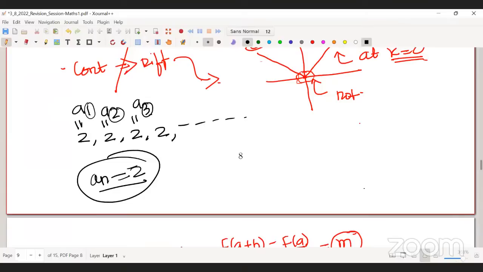In quiz 2, sir, we have the sequence n. Quiz 2, here A1 equals 2, A2 equals 2, but it is exactly 2, not approaching 2, right?